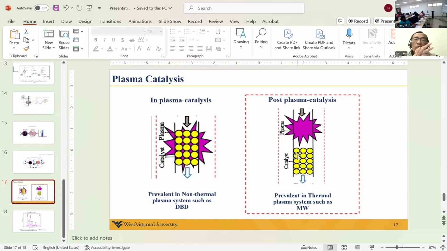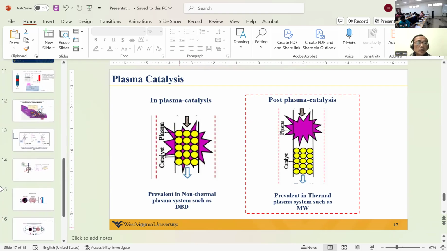It only sees the hot gas. So there are two different scenarios. If you read the literature, they keep using the keywords in-plasma and post-plasma back and forth, but for in-plasma, just think about DBD.